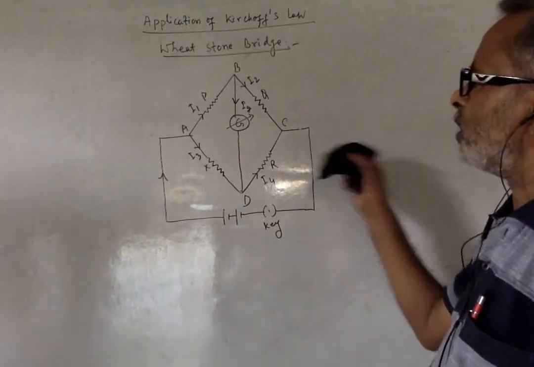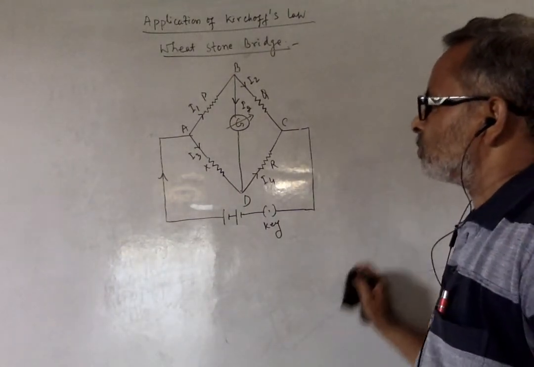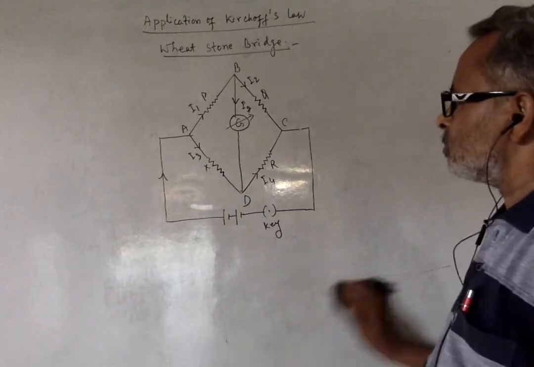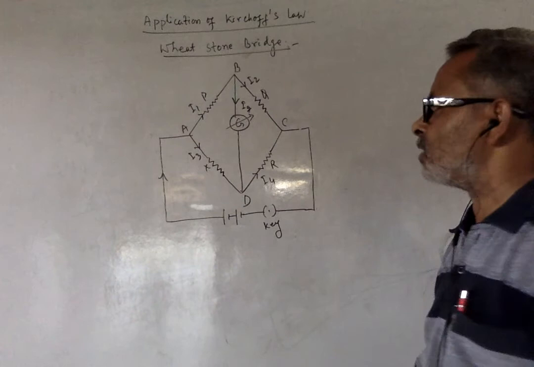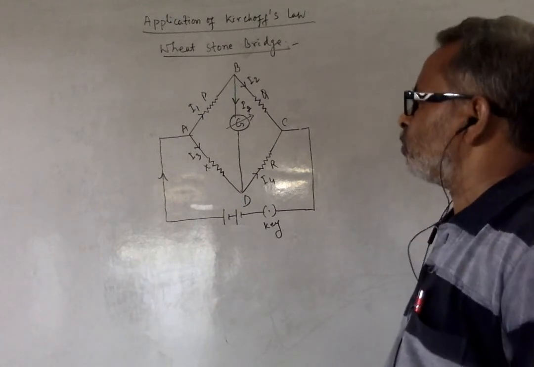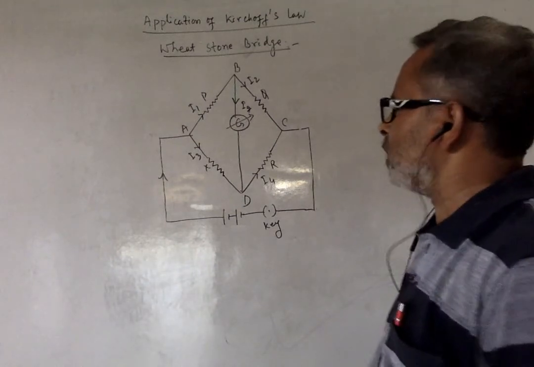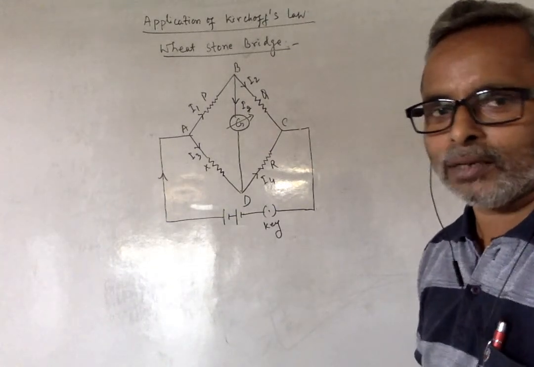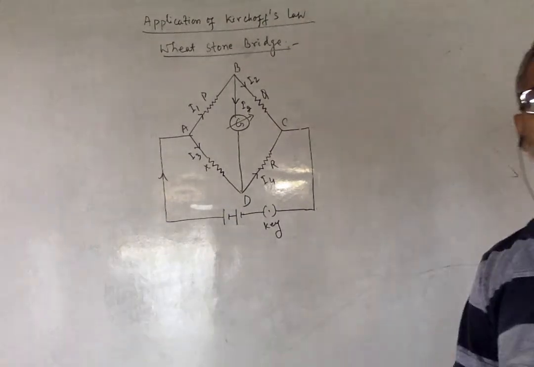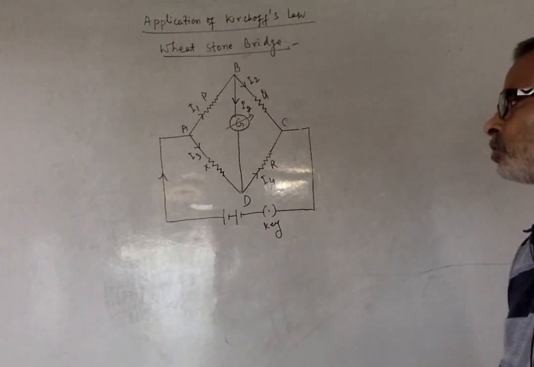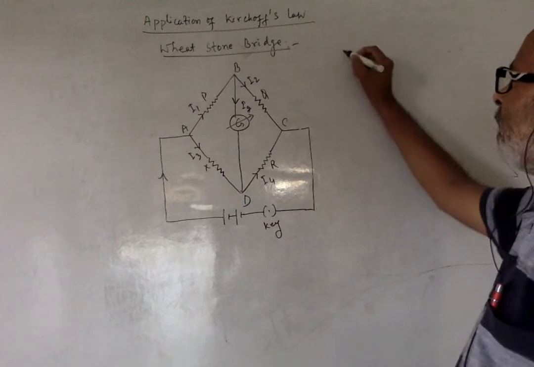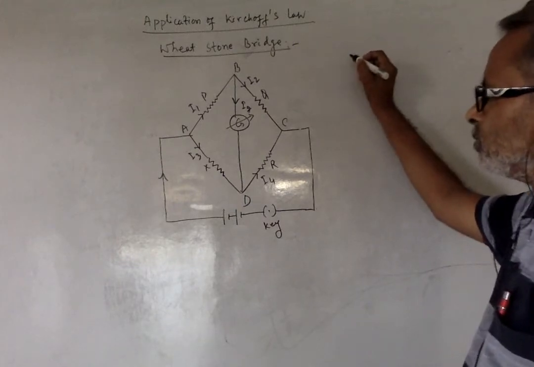The balance point of this bridge is when the resistances are so adjusted that the current flowing through the galvanometer is equal to 0. This is the balance condition of the Wheatstone bridge, that is, Ig equals 0.